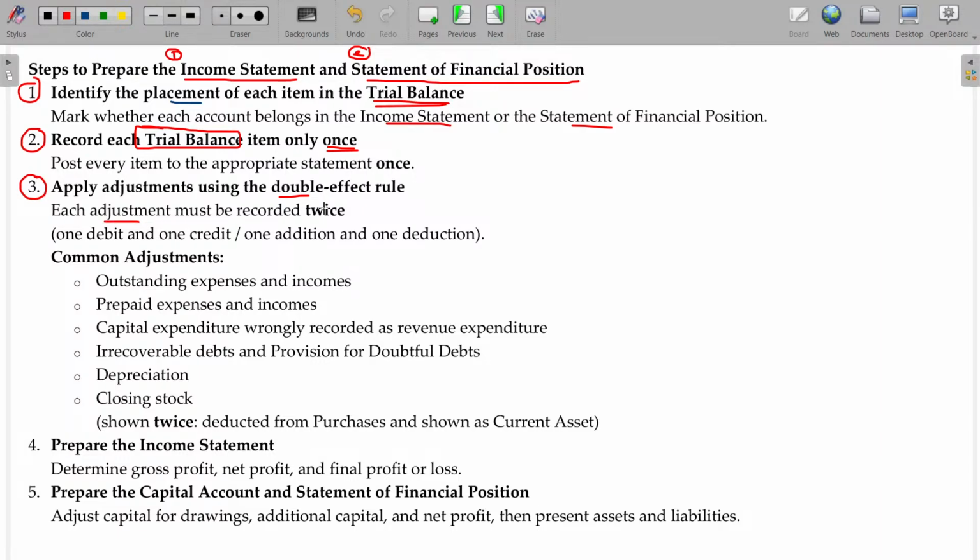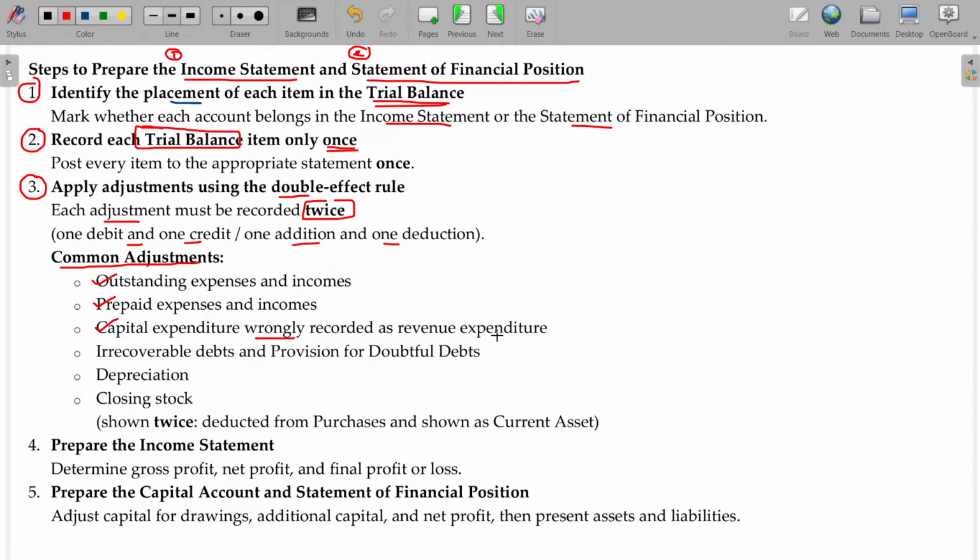Each adjustment must be recorded twice: one debit and one credit, or one addition and one deduction. The common adjustments you will come across in this chapter are outstanding expenses or accrued income, prepaid expenses and income, and capital expenditure wrongly recorded as revenue expenditure or vice versa.